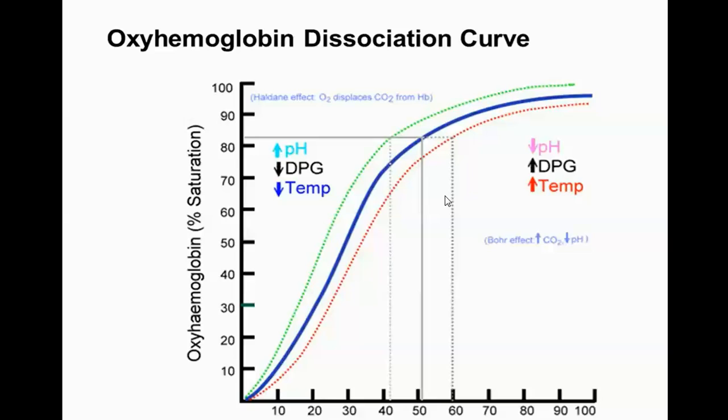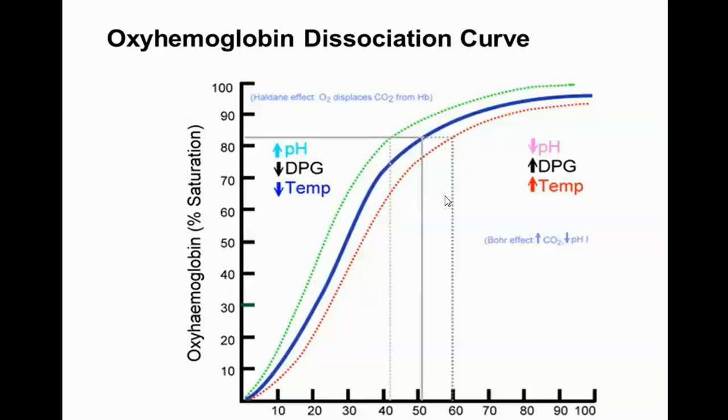Because this is a physiological process that occurs at the lung and the tissue, in the periphery. At the lung, do you expect the curve to shift to the left or shift to the right? Left.